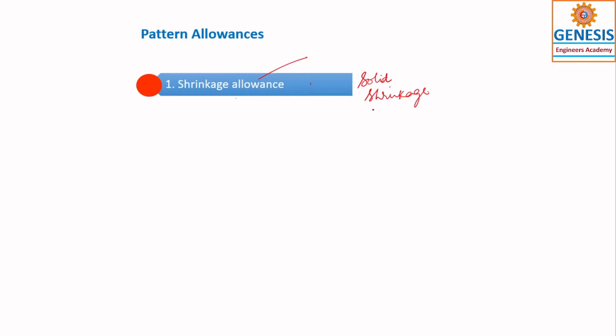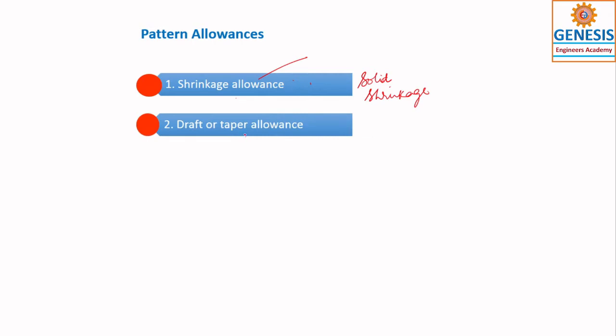So this is a must. Taking care of the shrinkage allowance of different materials, the foundry engineer will add this on the pattern while making the pattern. So this is called shrinkage allowance.